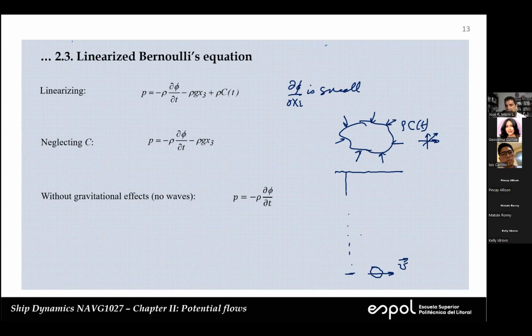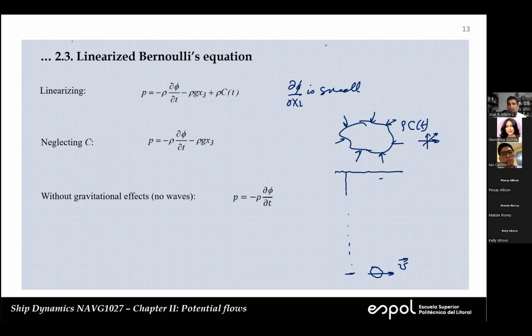Okay, so that's another way of saying that if you are away from the surface, okay, there will be no gravitational effect. If you oscillate here, close to the free surface, of course, there's going to be some wave generation. And in that case, yes, you need the gravitational effect in order to set up the wave characteristics, okay?